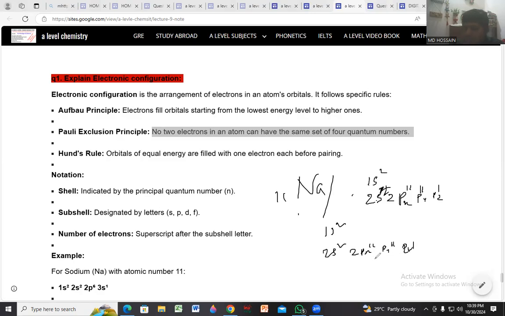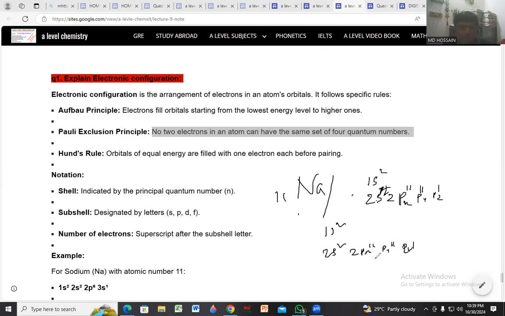The electrons will be distributed singly before any pairs are formed. So pairs will be formed later. One electron will go to each and every orbital, and if any electron is left, it will go to the next orbital, right?